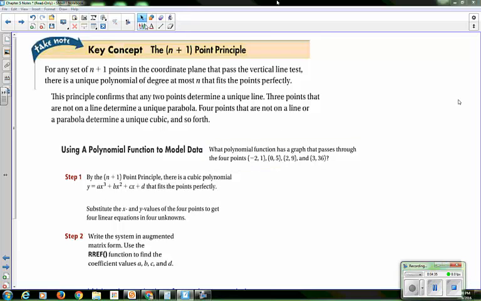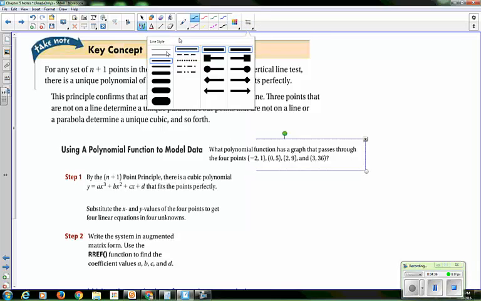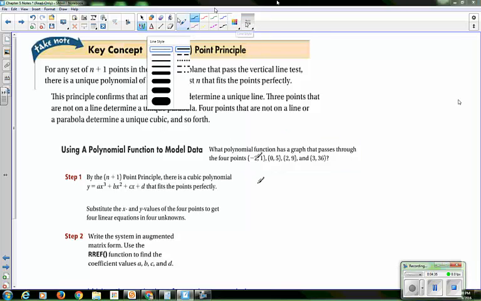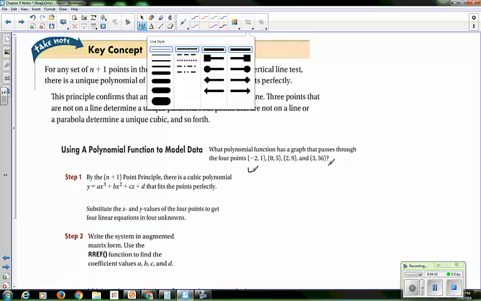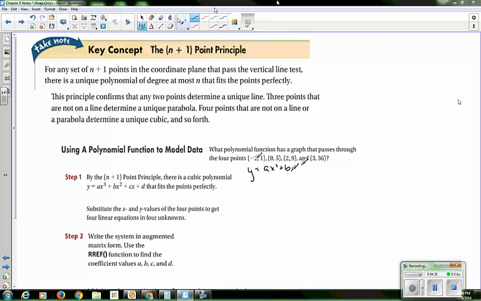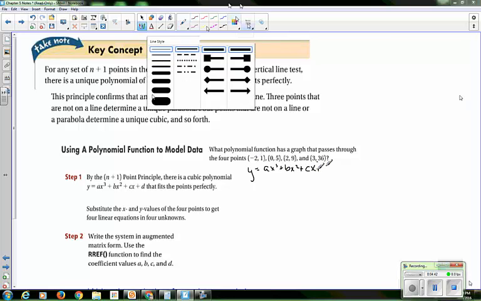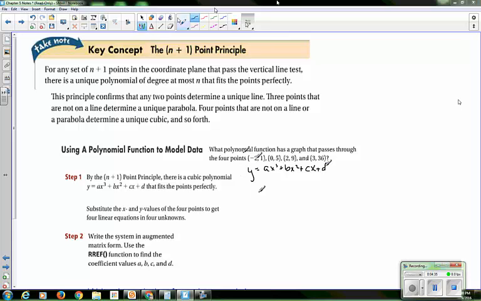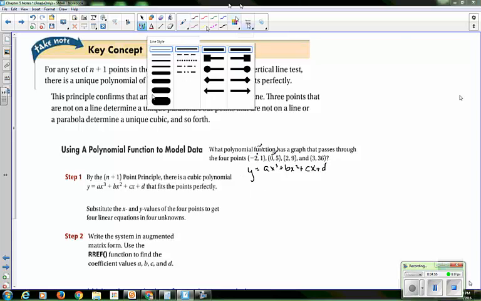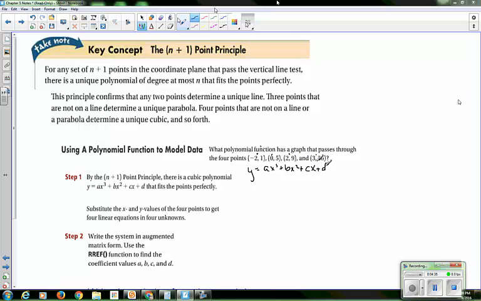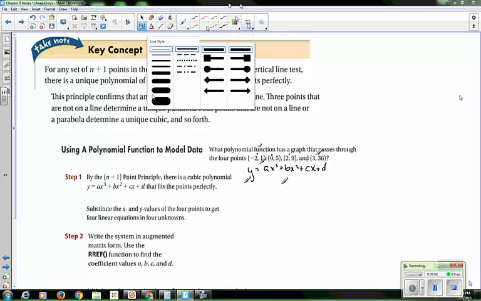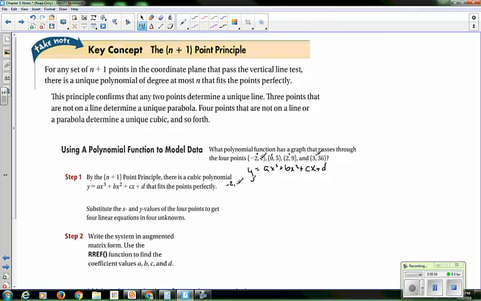So we're going to take y equals ax cubed plus bx squared plus cx plus d, and we're going to make 4 of these equations: one with (-2, 1), one with (0, 5), one with (2, 9), and one with (3, 36). Let's do the (-2, 1). Everywhere there's a y, I'm going to put a 1.